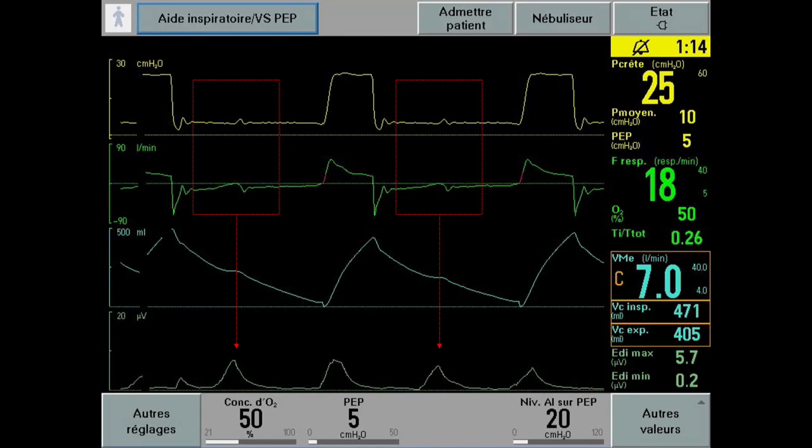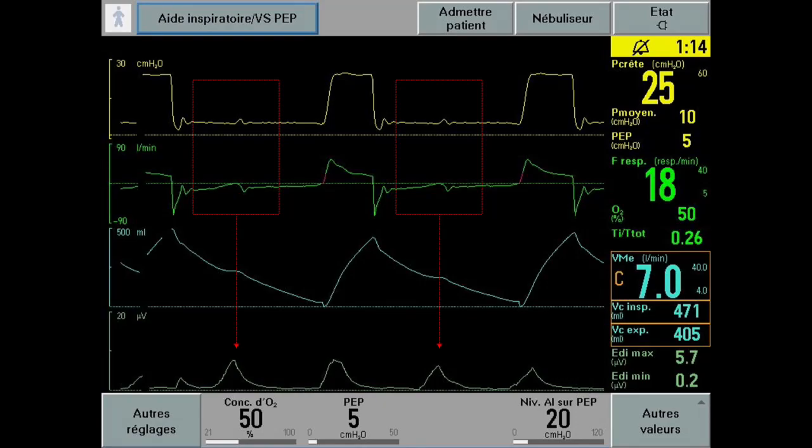So the real respiratory rate of the patient is not 18 as indicated on the ventilator, but it's probably 35 or 36. The reason why it happens is because the patient is hyperinflated. So when you see that, you should say, well, I should try to reduce the pressure support. The patient is receiving too much.